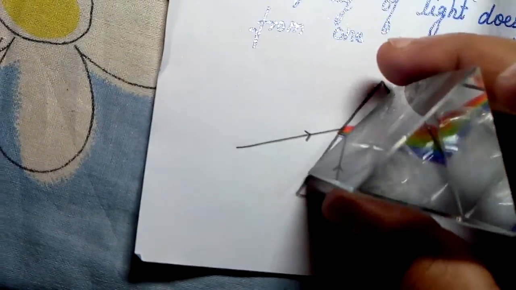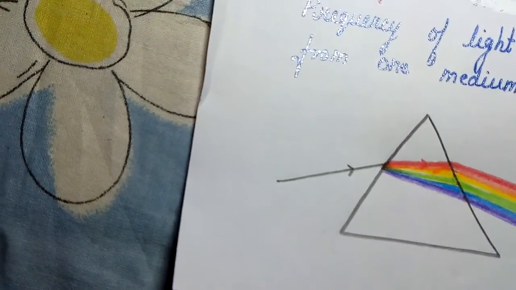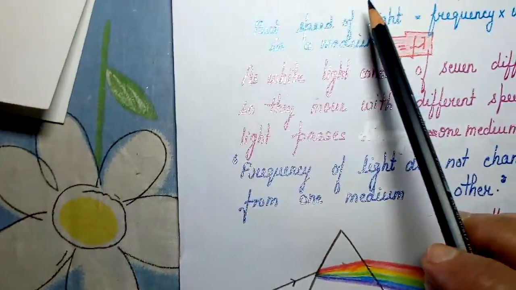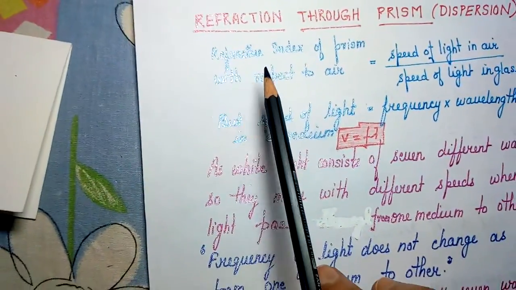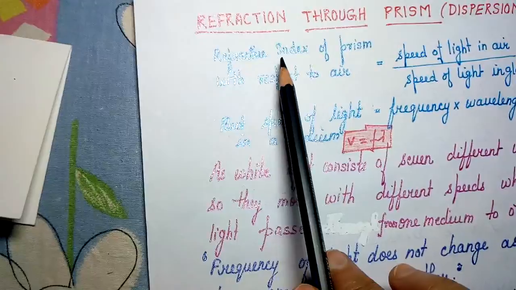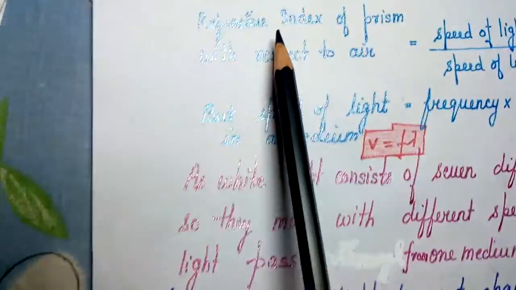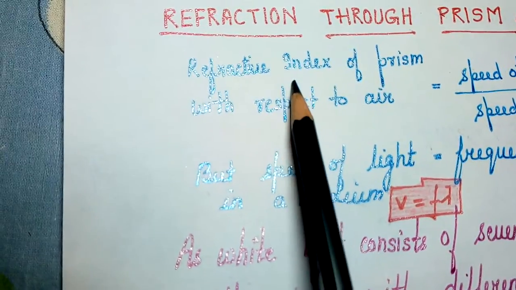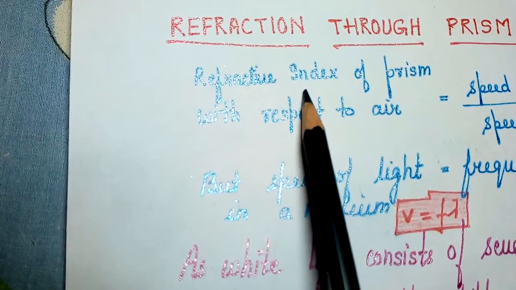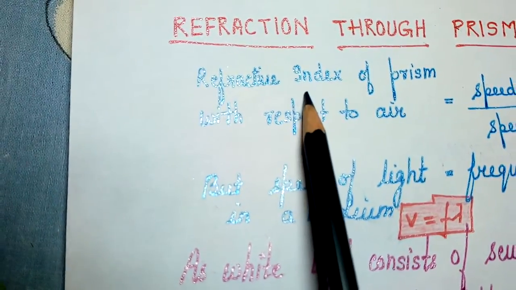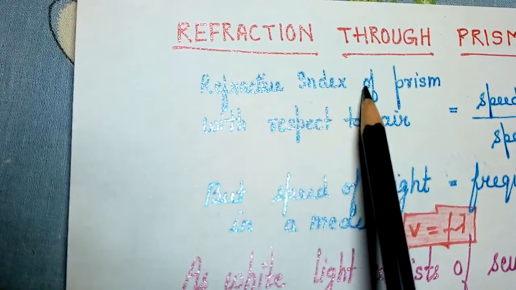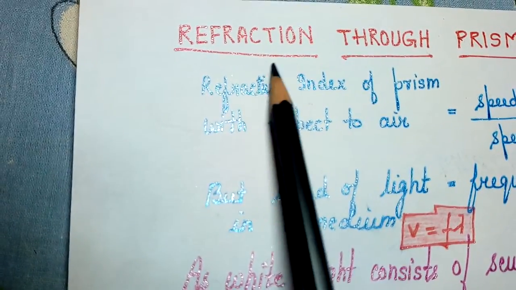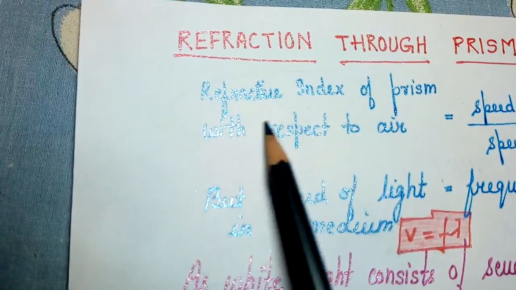Now let me understand point by point what is happening here. Bending of light is called refraction, and a particular medium bends a light or a particular wavelength according to a number called refractive index. What is refractive index?